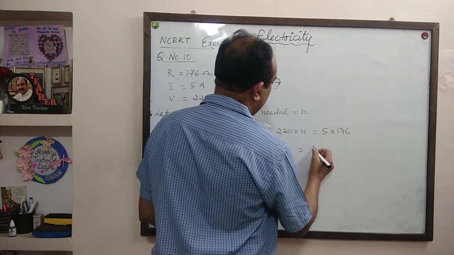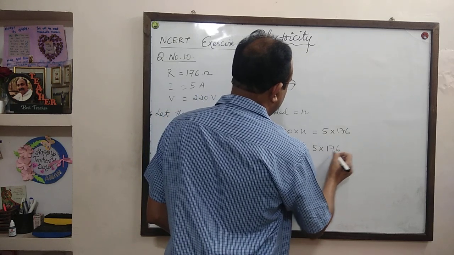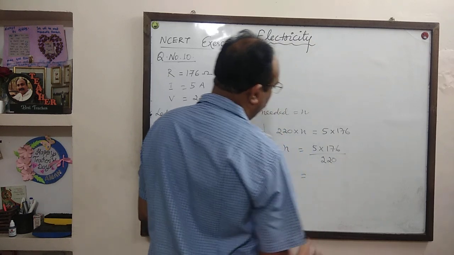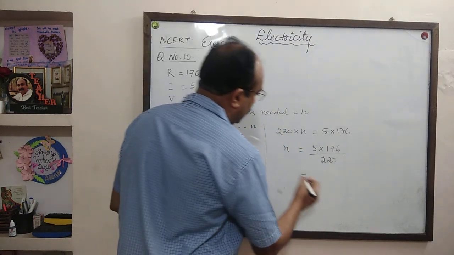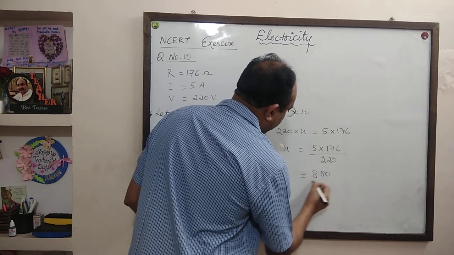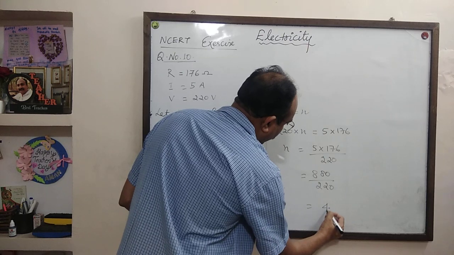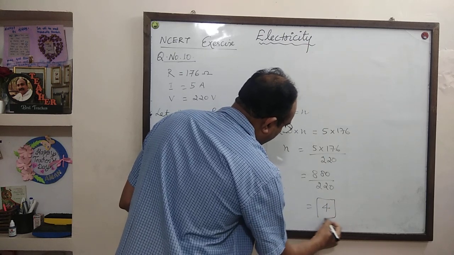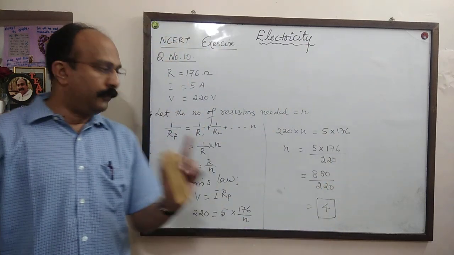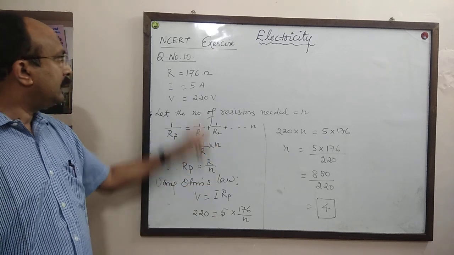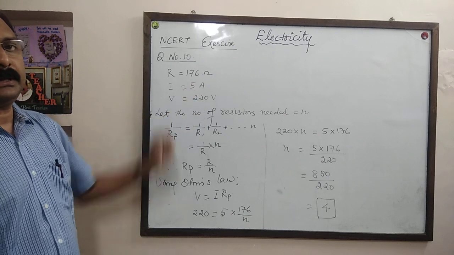N is equal to 5 into 176 upon 220. 5 into 176 is 880. 880 upon 220 is equal to 4. So the answer is 4. 4 such resistors are needed to be connected in parallel to get 5 ampere.